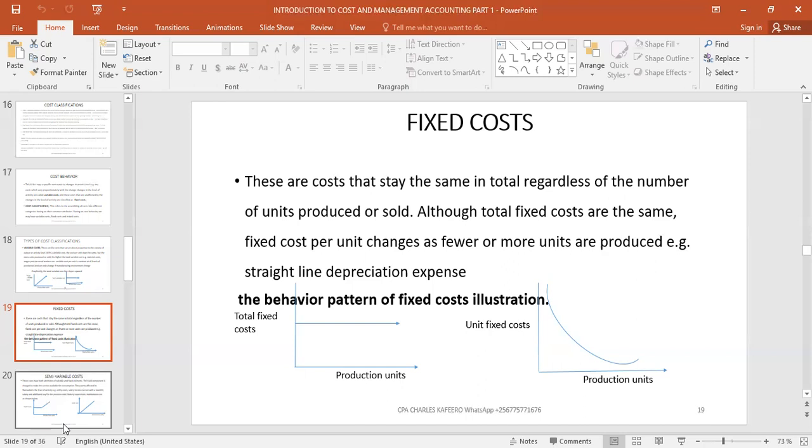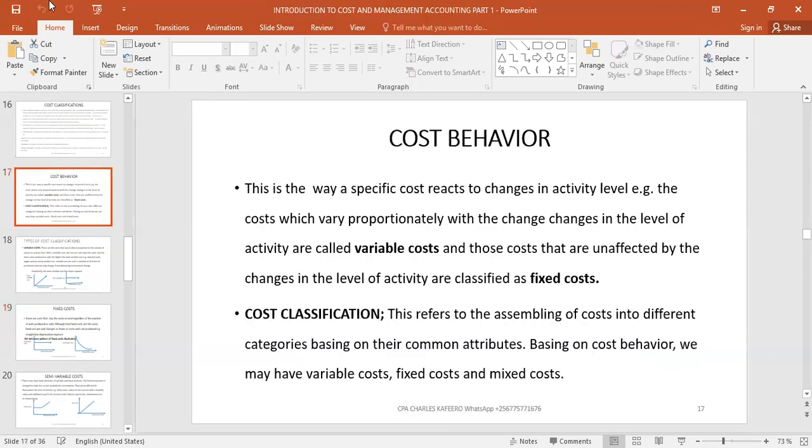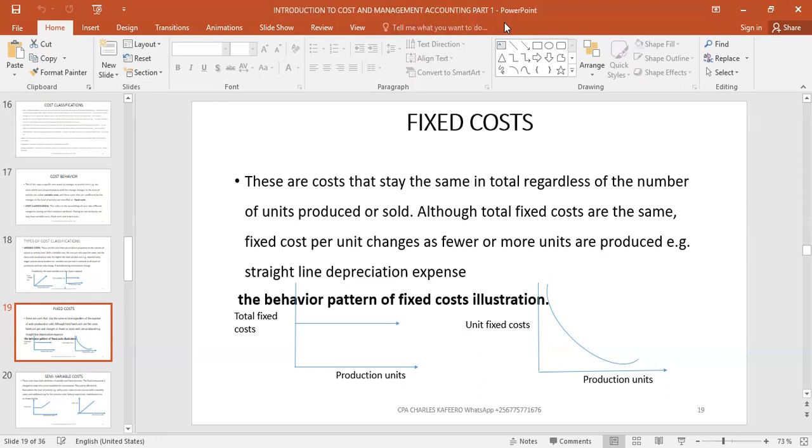That's why you are seeing the total fixed cost curve is horizontal, meaning at all levels of production we are expected to be incurring exactly the same cost, because even if you see here, the cost is the same but at a different activity level. That's what we mean by that.